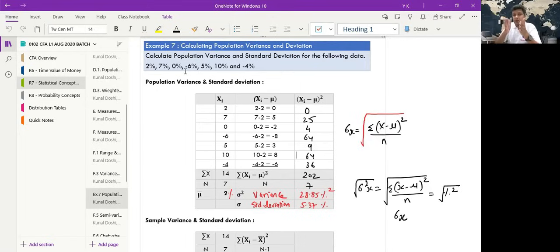Remember this and listen carefully: the sample will more closely resemble the population when n increases. So a sample of 50 out of 500 will not exactly represent the population. But if I increase the sample size, it will more closely resemble the population, isn't it?